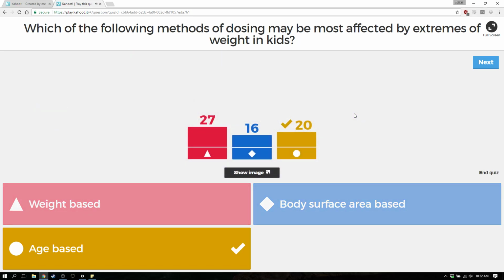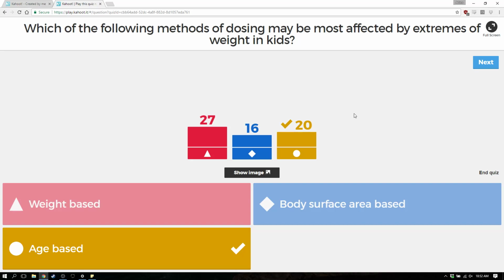So why is this the correct answer? It never takes into account weight, right? You're only taking into account the age of the patient and not actually what their weight is, okay? For weight-based dosing, certainly weight is the only thing you're looking at, but that can have some problems with extremes of obesity in some cases. And then probably body surface area is the least likely to be influenced by this because we're looking at what other feature?